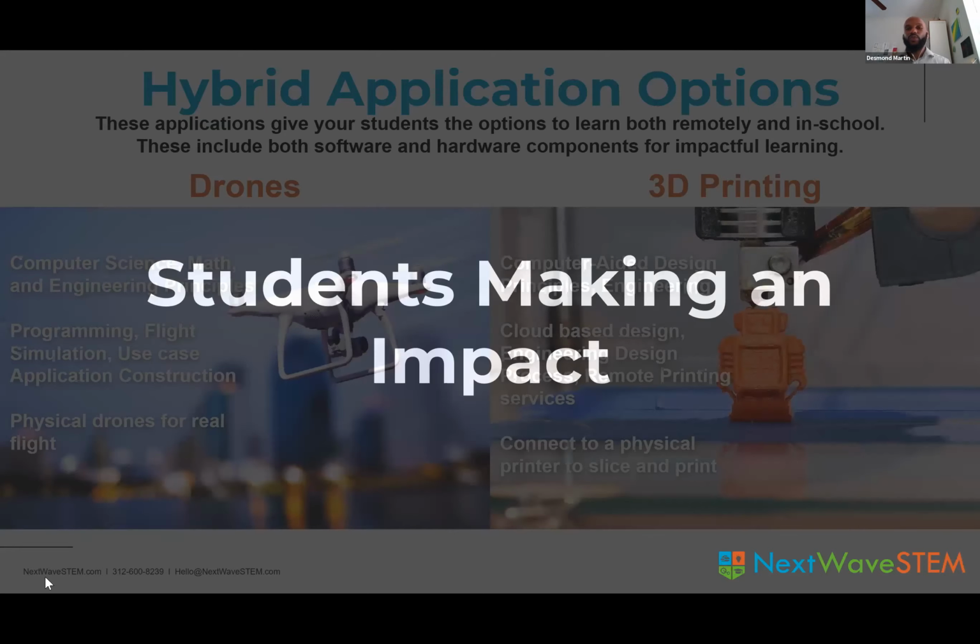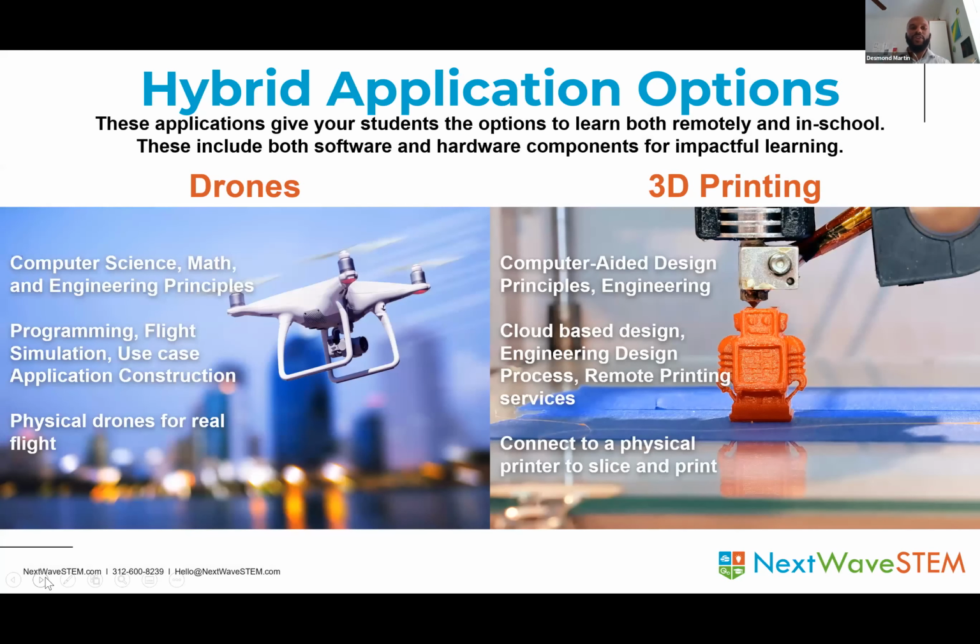Emerging technology really becomes our friend, especially if we're teaching open for instruction, or we're doing hybrid learning. So the really important thing to understand is that the options are there to do both remote learning and in-school instruction. And the examples I go to quite often as my fallbacks are drones and 3D printing.